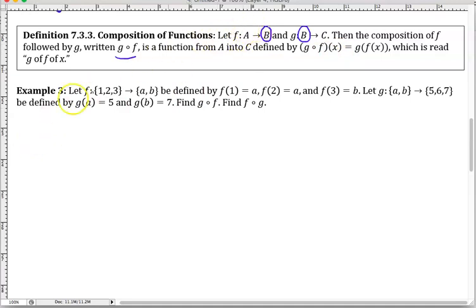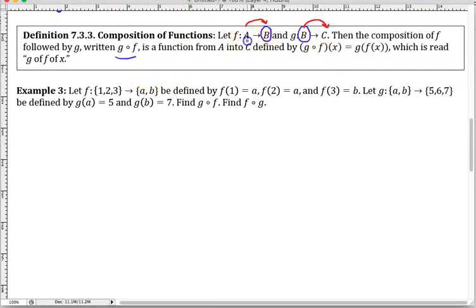So the order goes that f followed by g means I'm going to take an input from A, apply the f function, and this is my output. And that output is going to be used as the input for g, and you apply the g function to get another output.